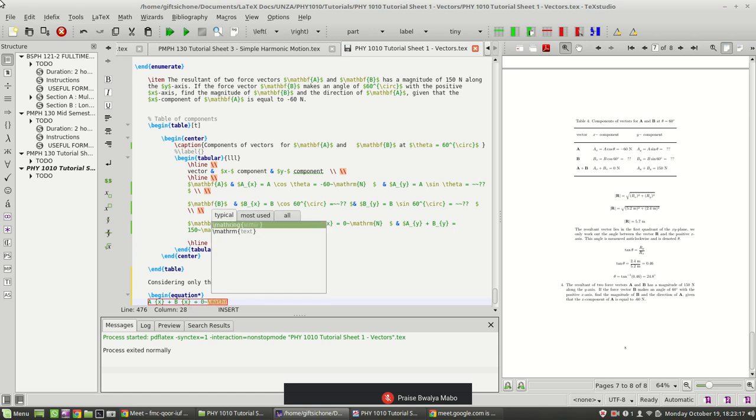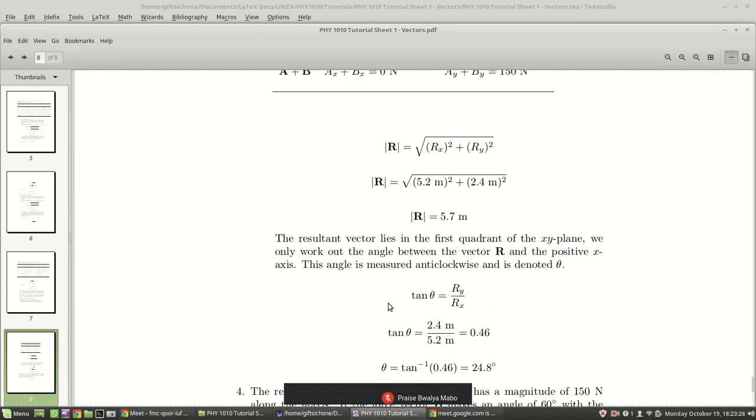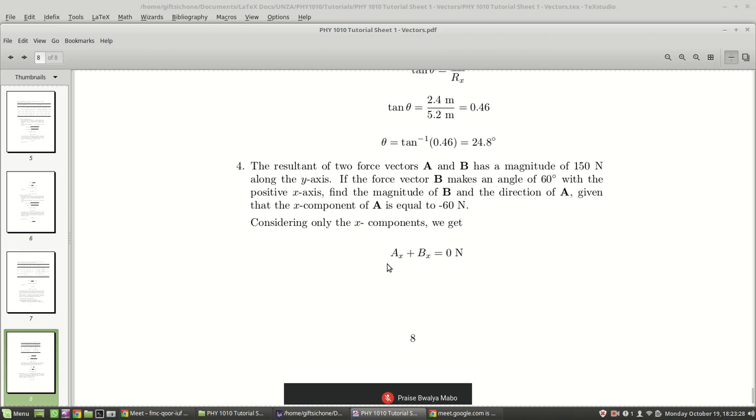That is what the resultant is. Here. Can you see this? Can you see what I've highlighted at the bottom there?